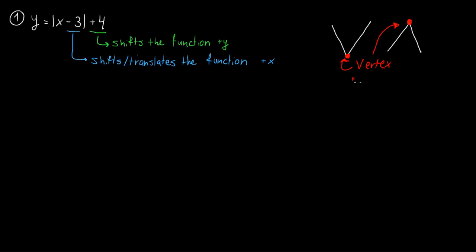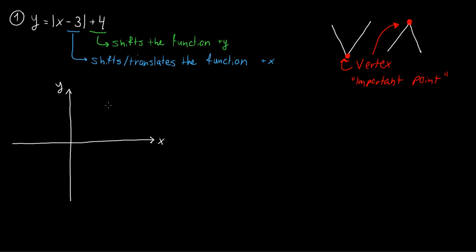For me, a description, I like to describe it as an important point that describes our function. So let's go on and draw a coordinate system, right? Let's draw it right here. So we have our x-axis, we have our y-axis, and now we have to find where that point is.